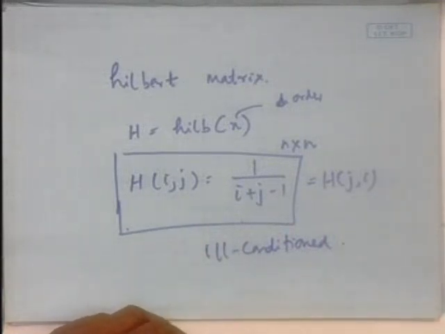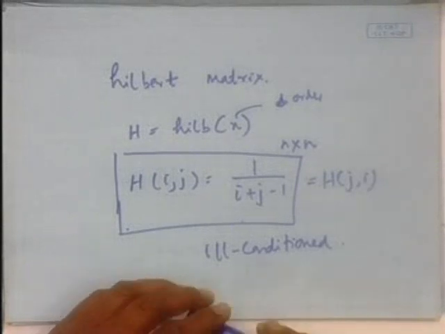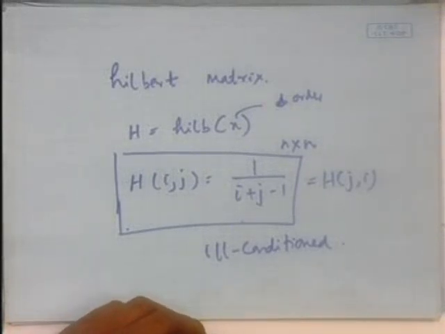So, why do we need such a matrix? This matrix is required to test some of the very robust eigenvalue analysis or eigenvalue computation algorithms. People develop new eigenvalue computation algorithms, and these are very important because eigenvalues are important. Why are eigenvalues important?